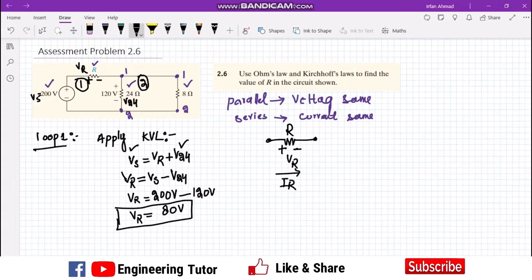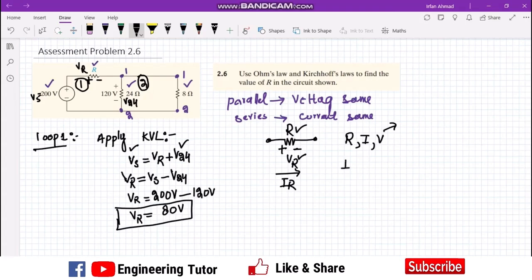With every passive element there are three associated quantities: its impedance or resistance, the current flowing through it, and the voltage across it. I have told you that if any two of these quantities are known, we can easily find the third one. Now we know the value of VR, but the other two are unknown. One we have to find is the resistance, while IR is unknown.